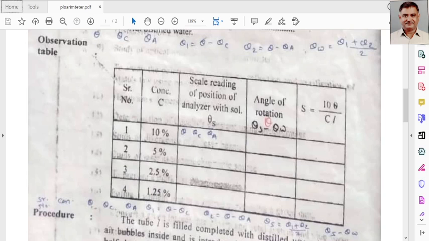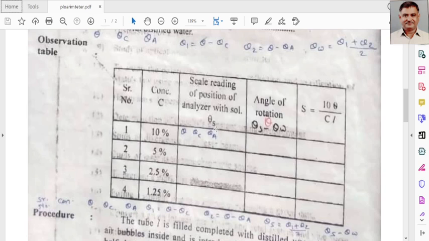In it you are observing serial numbers 1, 2, 3, 4. In this way we have to take the observations. Here the concentration of sugar solution is firstly 10%, then 5%, then 2.5%, then 1.25%.